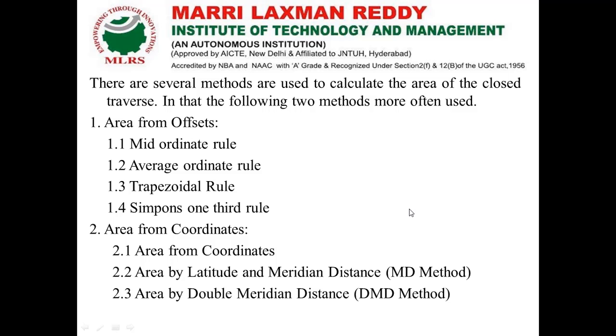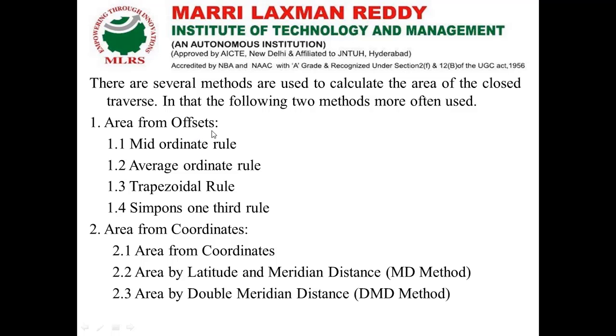Now, calculation of area. There are several methods used to calculate the area of an irregular boundary traverse. Some of the common methods adopted for irregular polygons are classified based on offsets and coordinates.